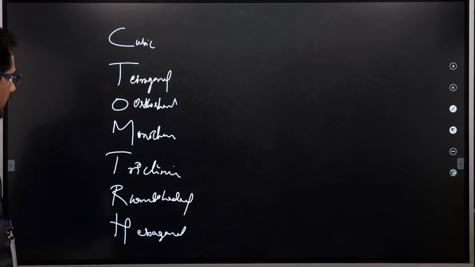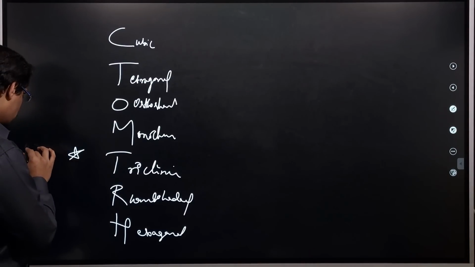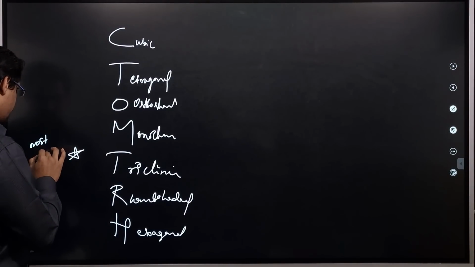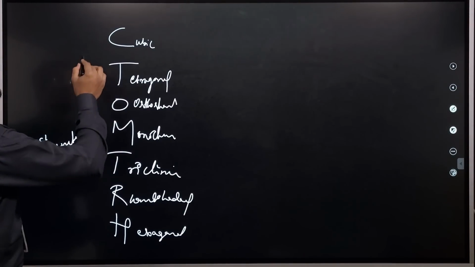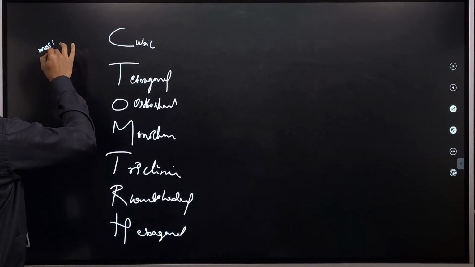See, remember a point: triclinic is most unsymmetric, cubic is most symmetric.